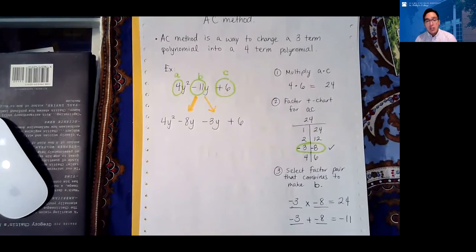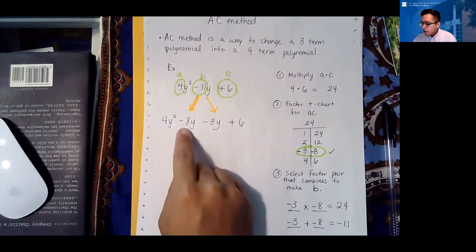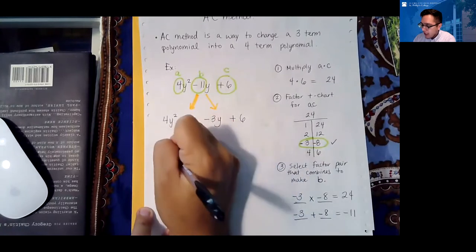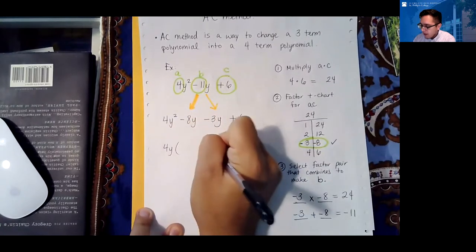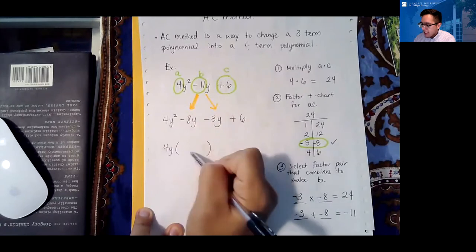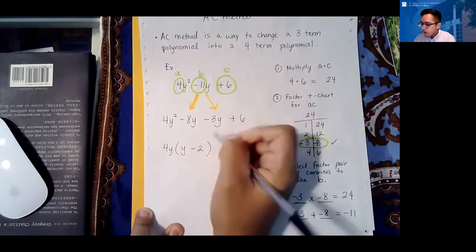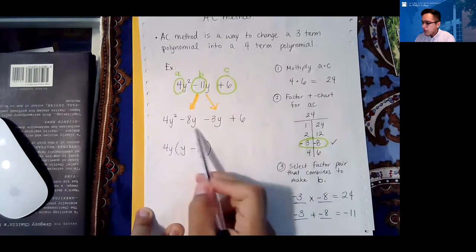Okay. So since we have 4 terms here, we can just jump into factoring by grouping. These first 2 terms have a factor of 4y in common. And if we have a y here and a minus 2 there, that gives us our original set of 2 terms.